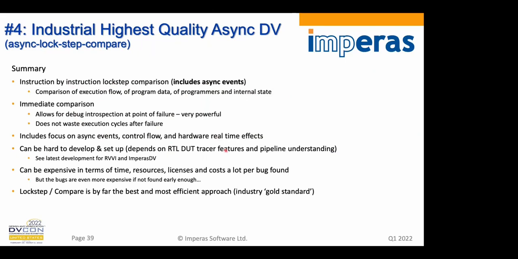And a key component of it is the RTL tracer, providing the right information out of the pipeline up into the test bench. We'll talk about that more with a standard interface that's evolving here. So it can be very expensive to get this up there, but it is the highest quality approach, and it is by far the best approach doing this lockstep for DV.